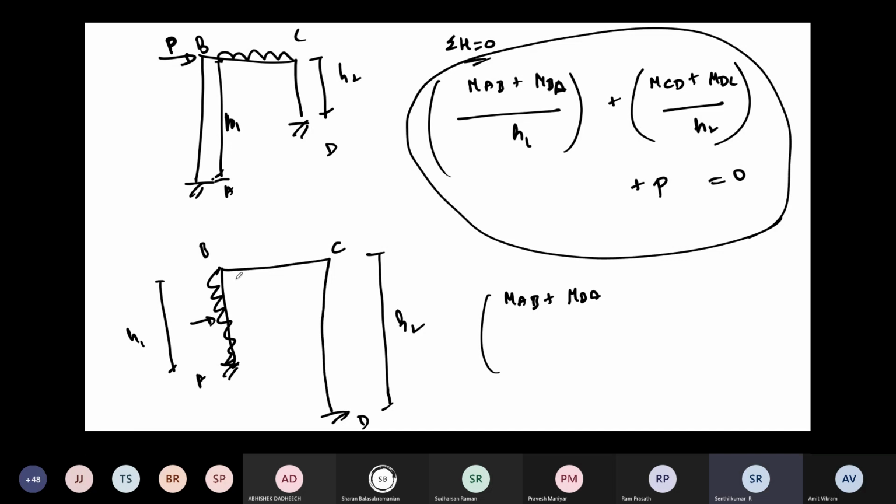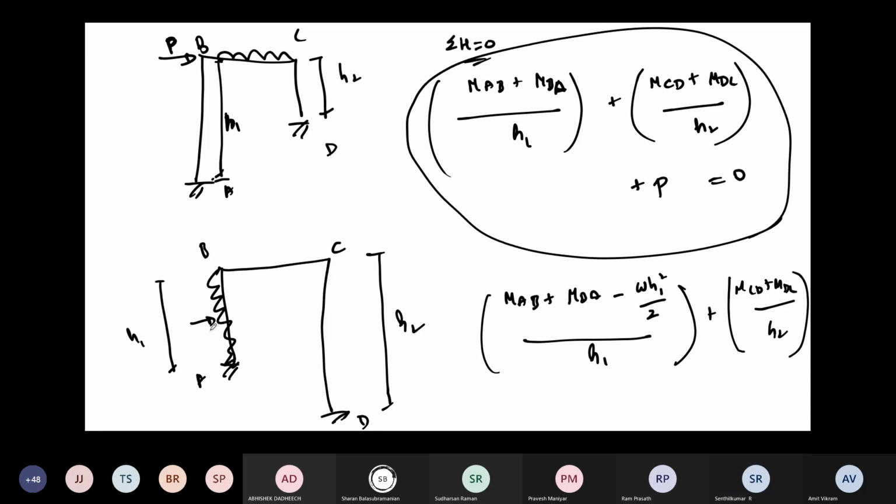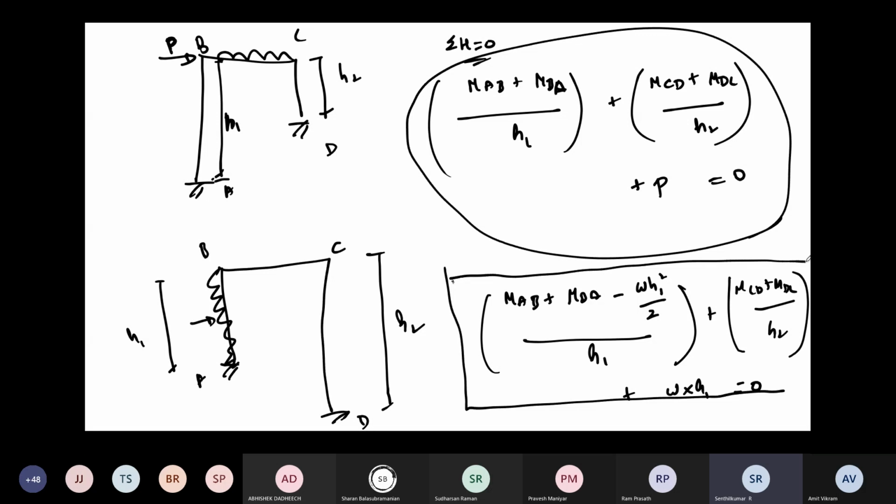When you are taking moment about B. So minus W H1 square by 2 by H1. Then plus MCD plus MDC by H2. Then this will act as a horizontal force in the positive direction only, small w into H1 equal to 0. So when you are deriving it yourself, you can automatically write the equation simply. First you have to derive it yourself. For the generalized one, you just derive it yourself. Then everything you can do on your own.